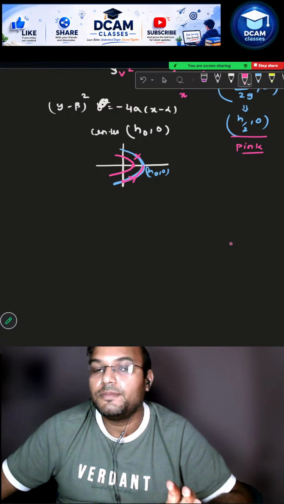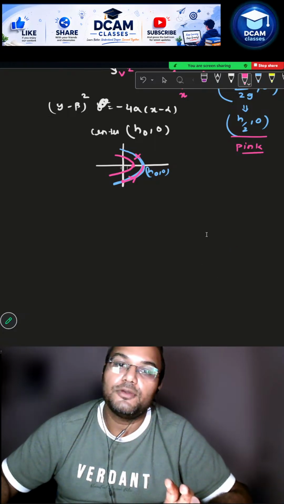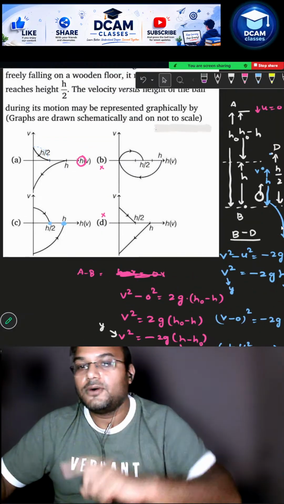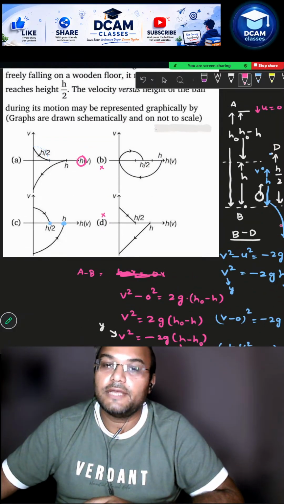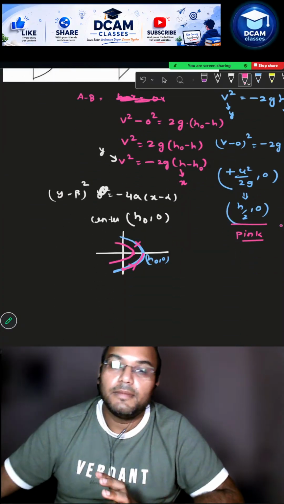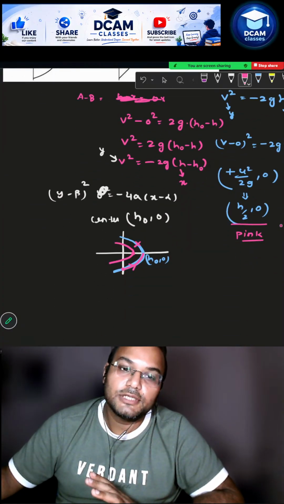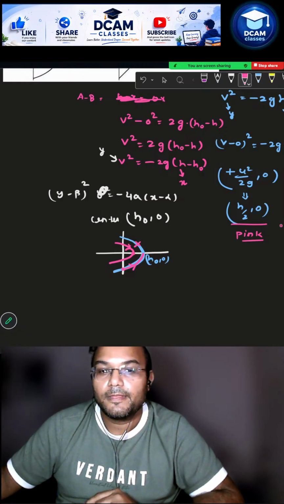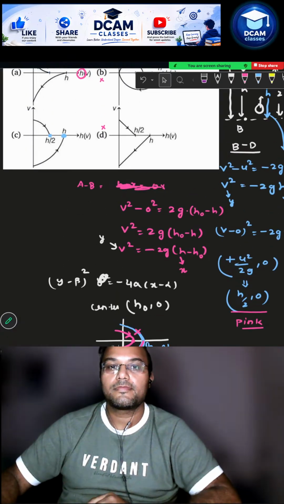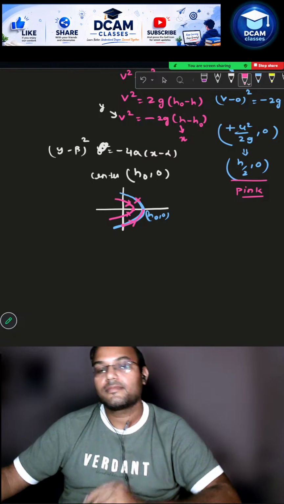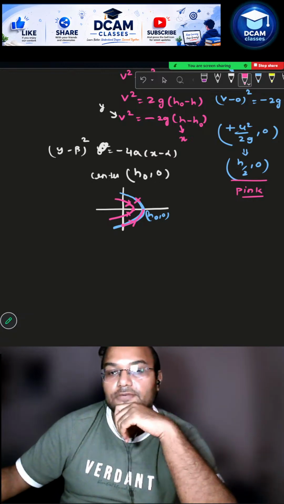This part won't be there, because this part would be taken if it rebounds with the same velocity and reaches the same height h. But for the second, reverse motion, we'll be taking this part only. Got it? That's why our graph is this.